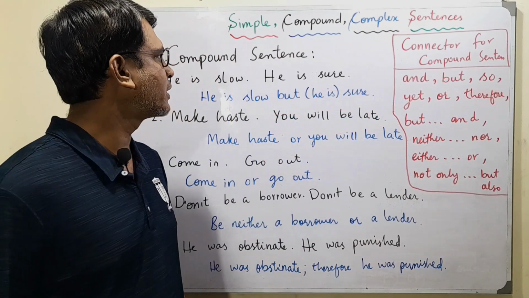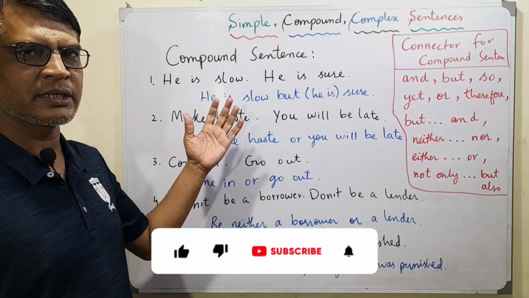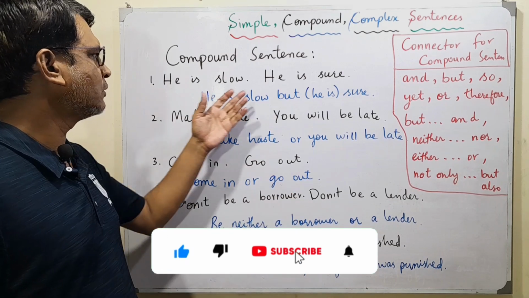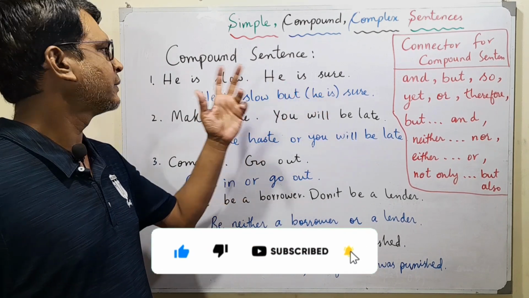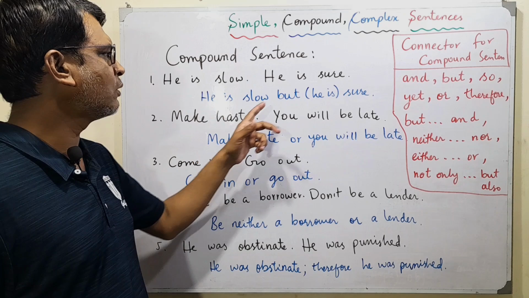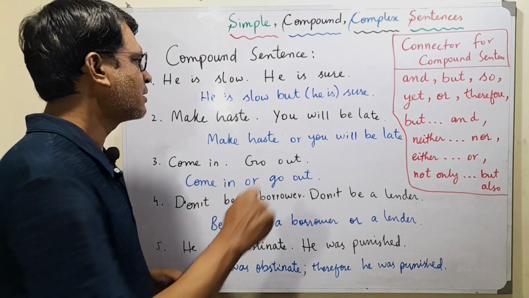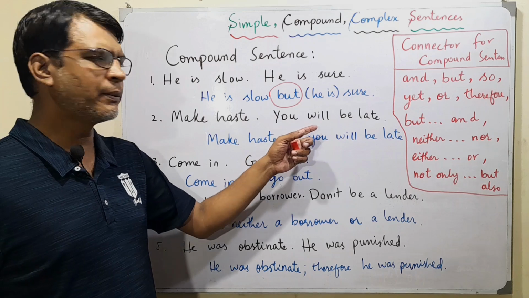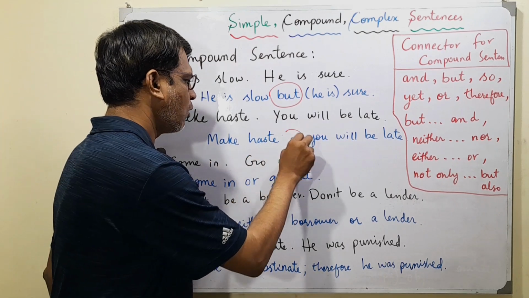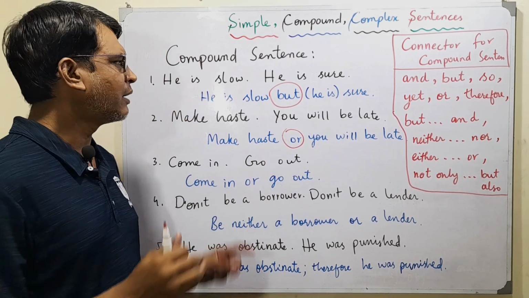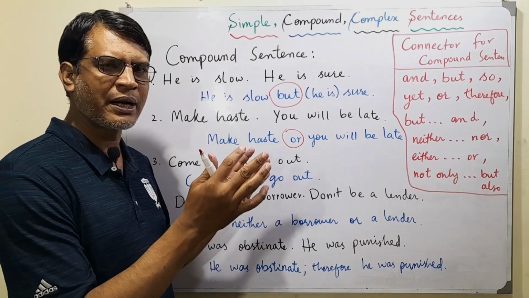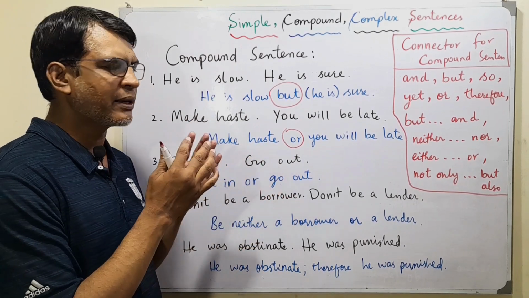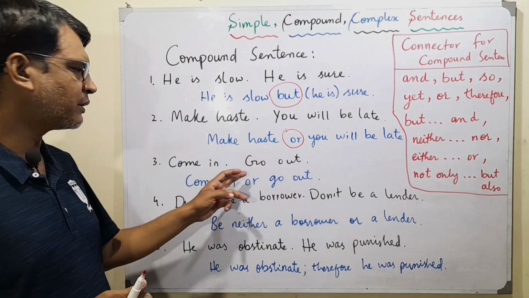Okay, let's see a few more examples of compound sentences. For example, he is slow, he is sure. Two separate sentences. We say he is slow, but he is sure. So we are using but here. Make haste, you will be late. Make haste, or you will be late. Both pieces are independent clauses, and both can be separated. Come in, go out.